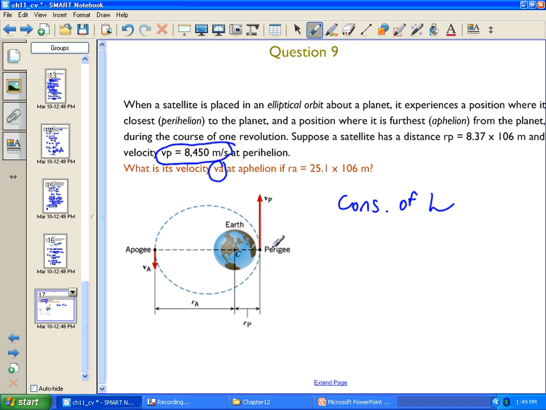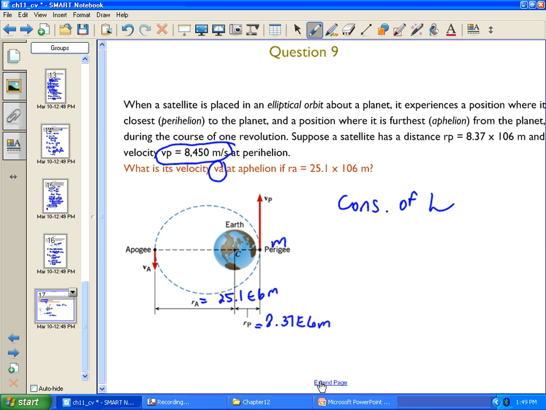The satellite has a mass m, which has not been given to us, but what has been given to us is r sub p is 8.37 e to the 6 meters, r sub a is 25.1 e to the 6 meters. So you can see that's nearly 3 times further.